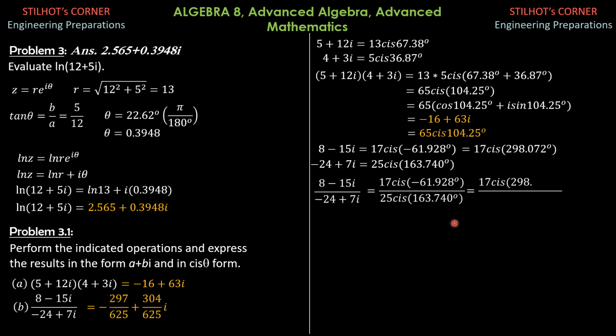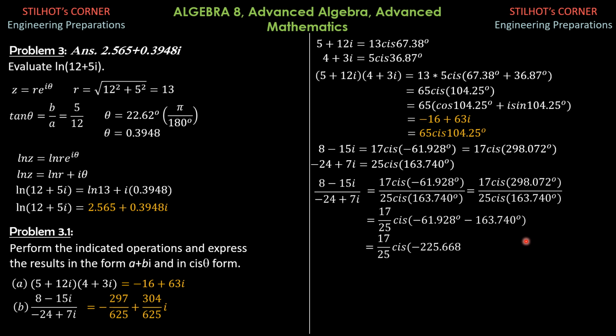You can also use the positive value if you want. And that is 17 over 25 cis of negative 225.668 degrees.